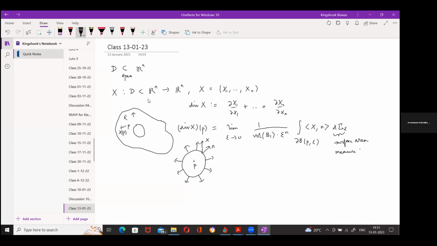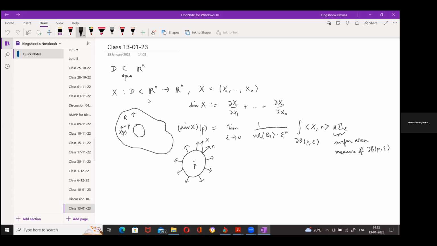So the only undefined term in this integral is the surface area measure. If you know what it is, then it's fine.